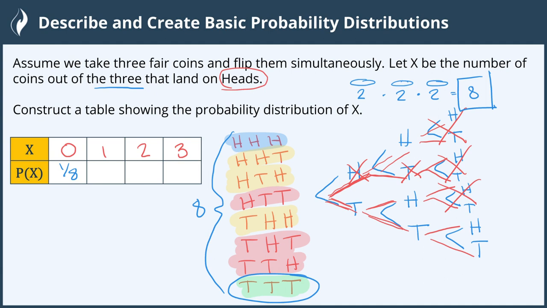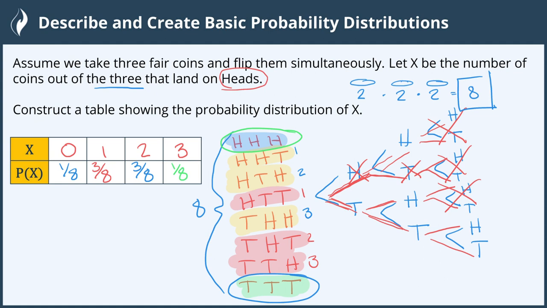Then for 1 head, we have 1, 2, 3. So we have 3 out of 8 where we get the probability of 1 head. For 2 heads, we have 1, 2, 3. So again, we have 3 out of 8. And the last one is 3 heads, which only occurs here. So we have 1 out of 8.